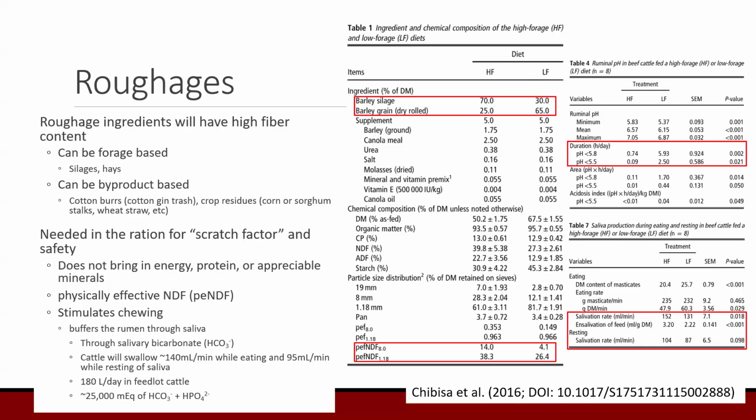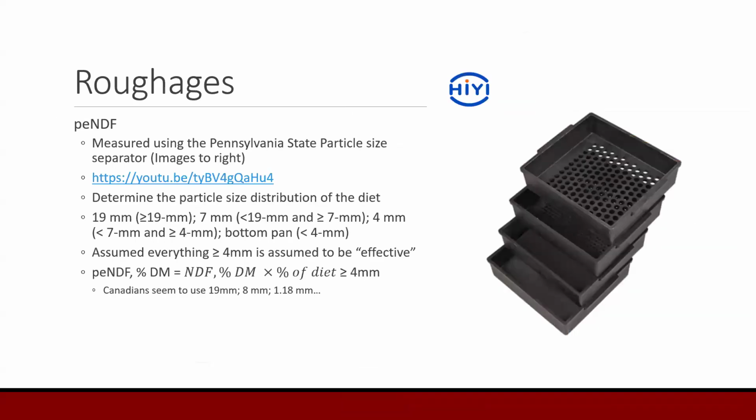So it also reduced that. So more fiber, more forage, increased chewing stimulates saliva production. Saliva production provides buffers through bicarbonate predominantly to impact ruminal pH. Make sense? Okay.